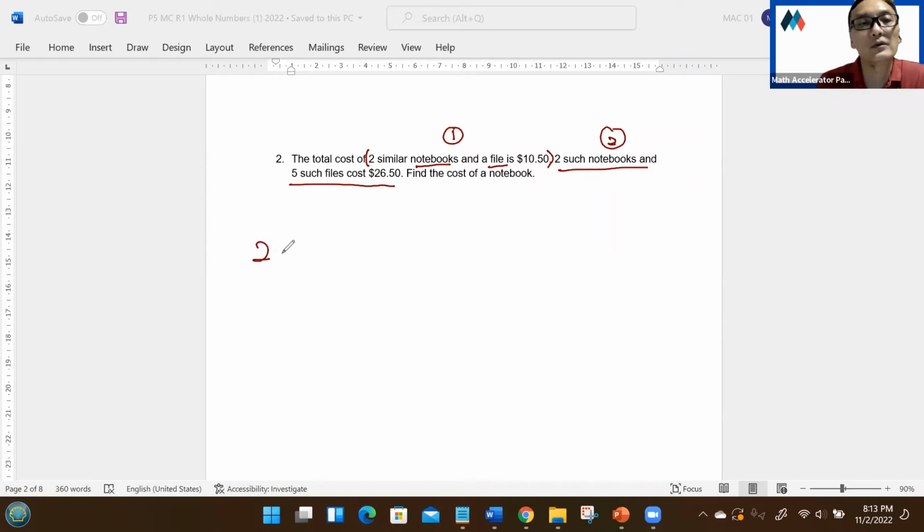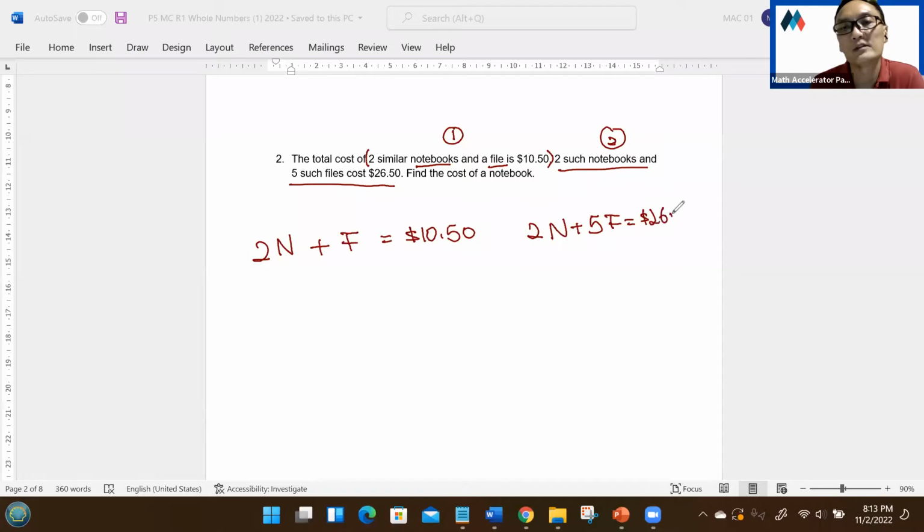Here, 2 notebooks and a file costs $10.50. The second one is 2 notebooks and 5 files equals $26.50. All right.